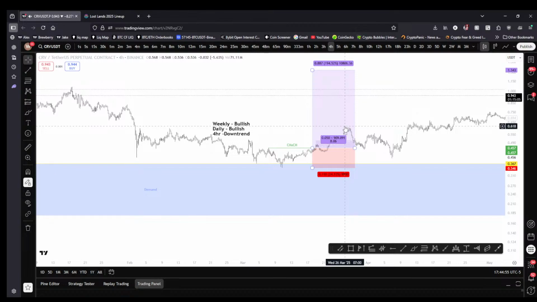Instead of just setting a resting order at our demand zone, but waiting for our confirmation time frame to break structure, we have switched our trade from a 5 risk to reward to an 8 risk to reward with our stop loss underneath that 4-hour low. Does that make sense? Put a 1 in the chat if that makes sense.